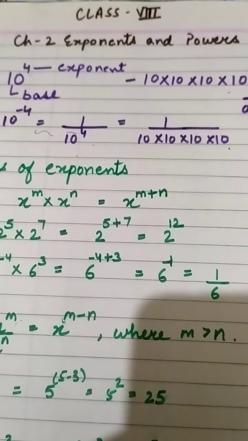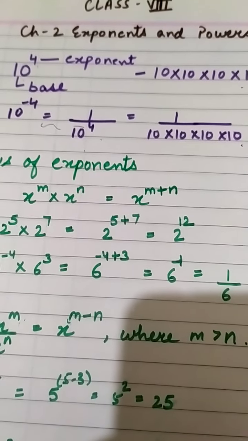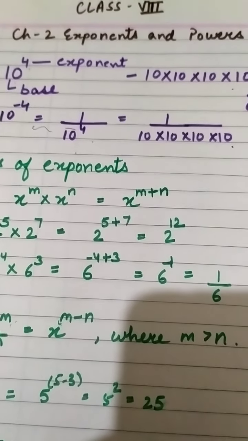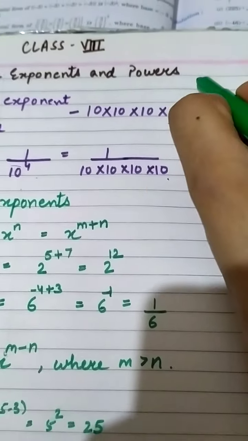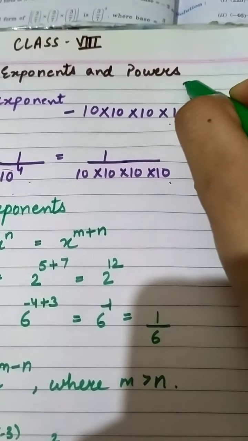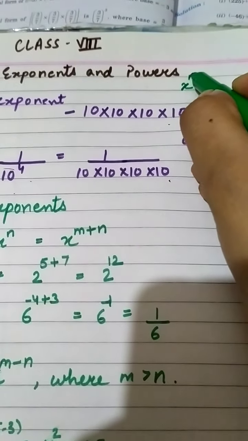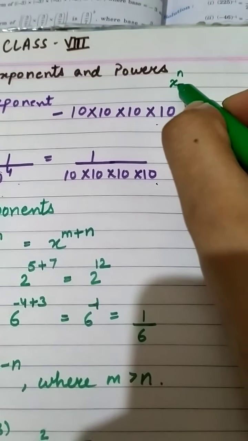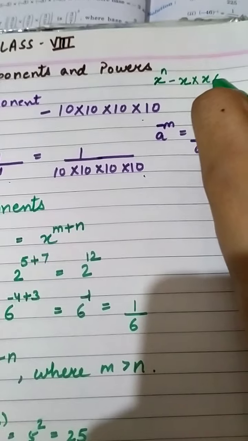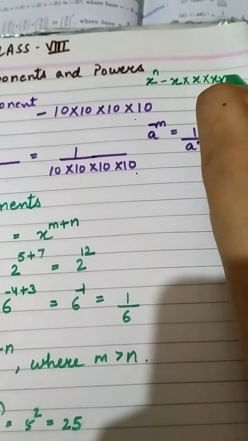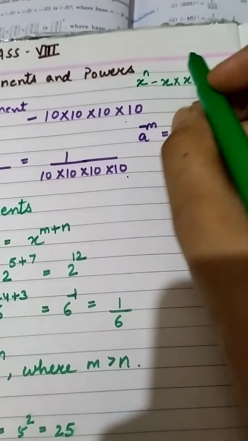Children, you have studied this chapter in your previous class also, so let us take a quick review. What do you mean by the term exponents? Exponents means, suppose I write x raised to the power n, x is multiplied n times: x into x into x and so on.